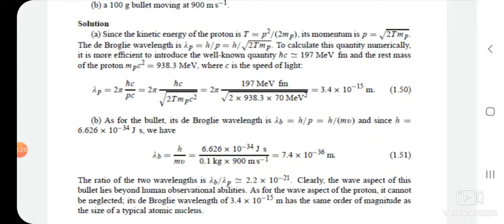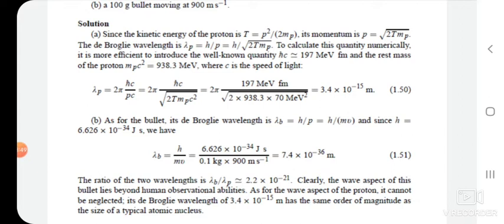This much difference can occur in the de Broglie wavelength for micro and macroscopic particles. If you take the ratio of these two wavelengths, it gives 2.2 into 10 to the power of minus 21. It is clear that the wave aspect of this bullet lies beyond human observation ability. As for the wave aspects of the proton, they cannot be neglected.